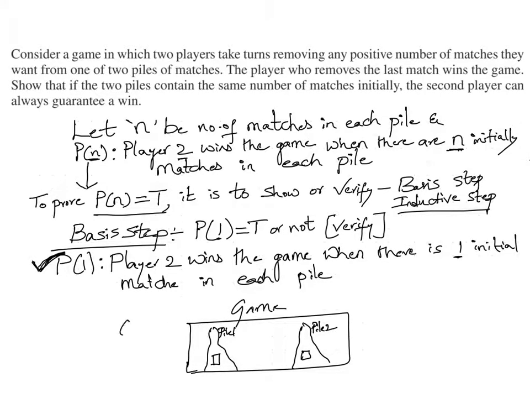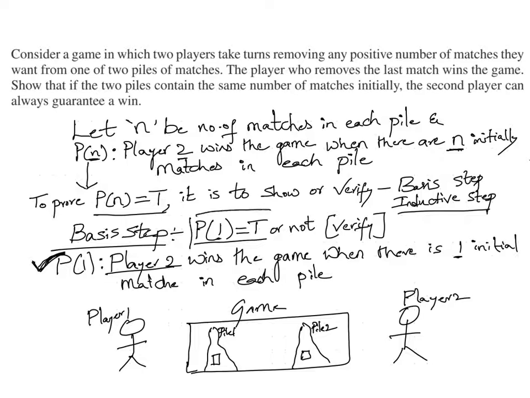In this game, there are 2 players. Now see how player 2 is going to win this game. This is player 1, this is player 2. When I prove player 2 is going to win the game, P of 1 is equal to true is verified.